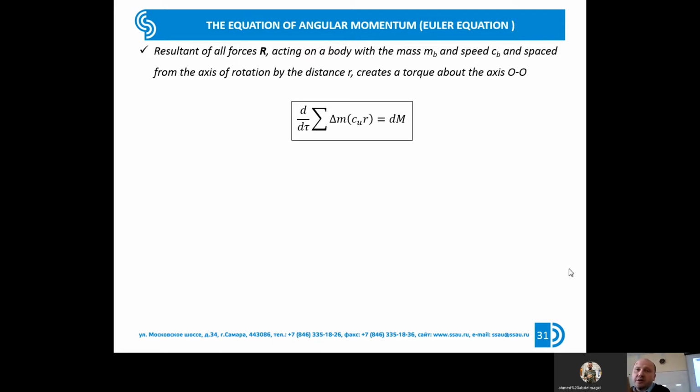So from theoretical mechanics, you know that the resultant of all forces acting on a body with mass m, moving with speed c, and spaced from the axis of rotation by distance r, creates torque about the axis of rotation. It's the formulation from theoretical mechanics. And this equation from theoretical mechanics, I hope you have already studied.